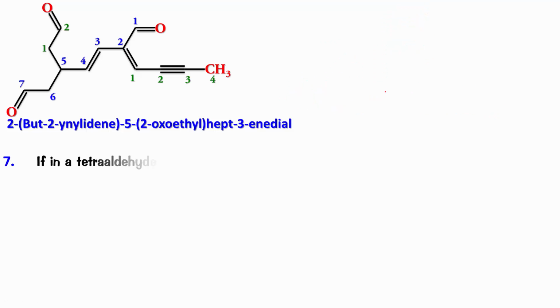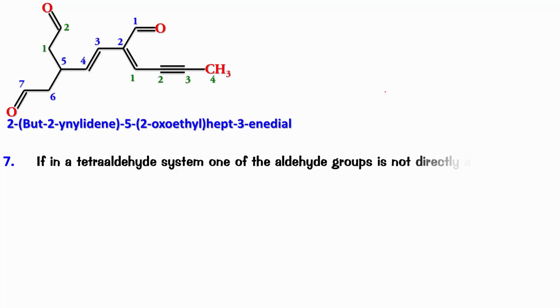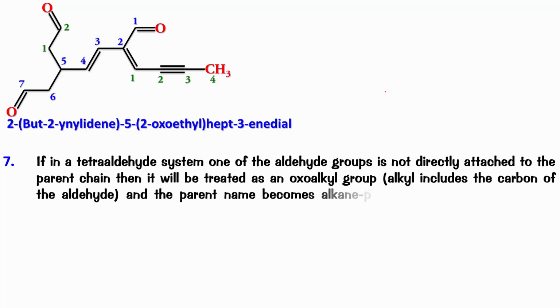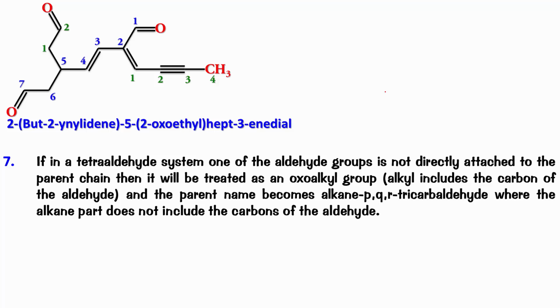So if in a tetraaldehyde system, one of the aldehyde groups is not directly attached to the parent chain, then it will be treated as an oxoalkyl group. Alkyl includes the carbon of the aldehyde, and the parent name becomes alkene PQR tricarbaldehyde, where the alkane part does not include the carbons of the aldehyde. So whenever you use tricarbaldehyde, the carbon of the aldehyde is not used. Let's take an example and check.